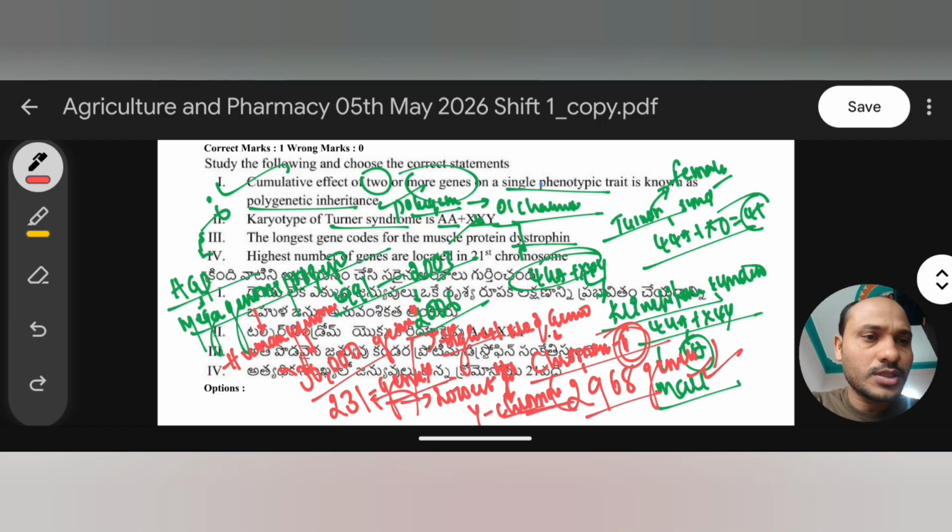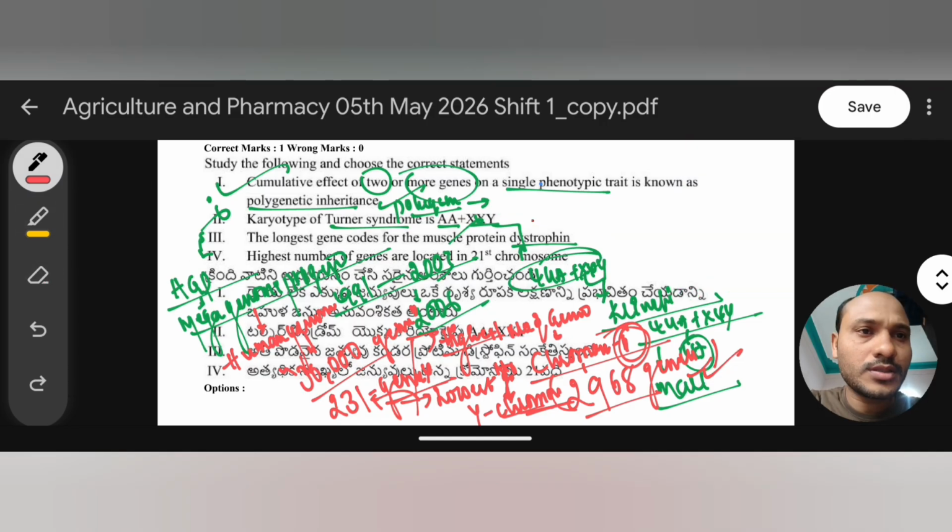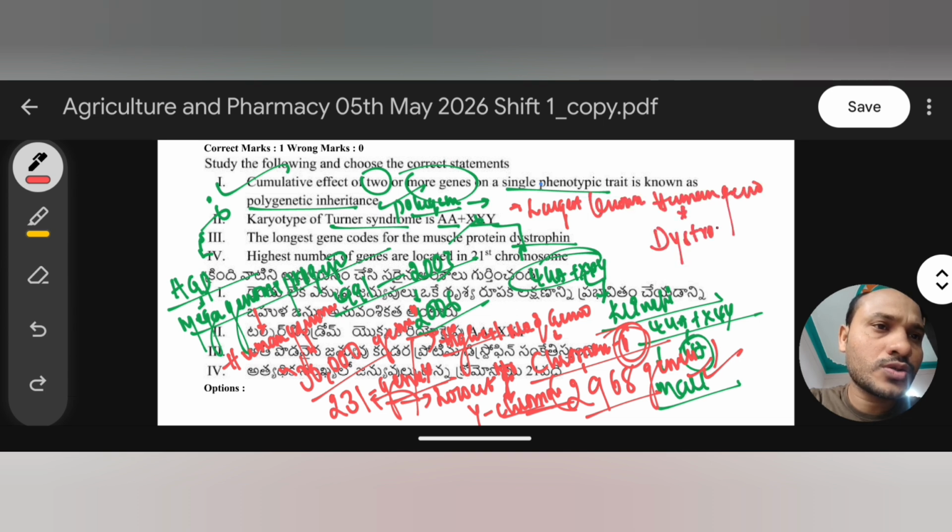And do you know the largest known human gene? The largest known human gene is dystrophin, and this dystrophin gene is located on the X chromosome. It is the largest gene in the human genome.